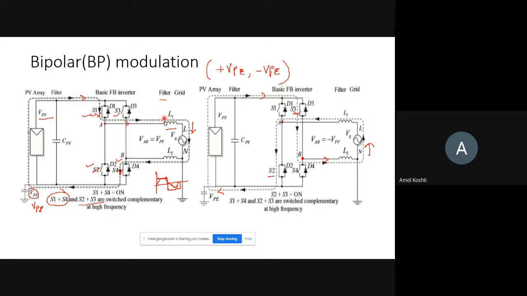The grid frequency is called the power frequency, and the frequency used to switch the different switches in the inverter can also be called the control frequency.